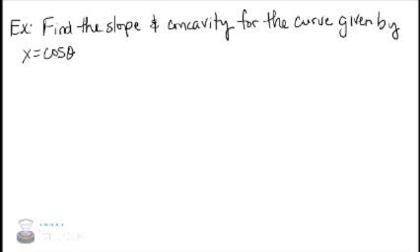So in this case, the parametric variable is the theta instead of a t, but it still works the same way. And y equals sine of theta at the point where the parameter theta is equal to pi over 2.